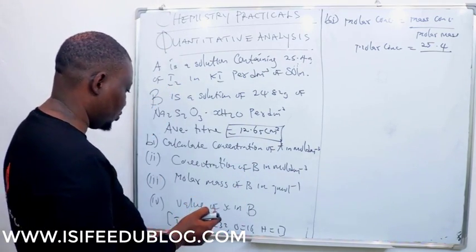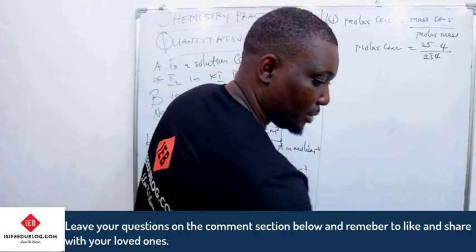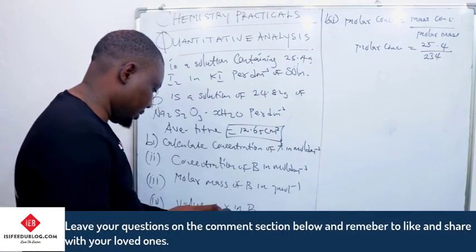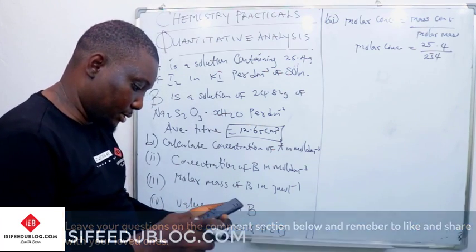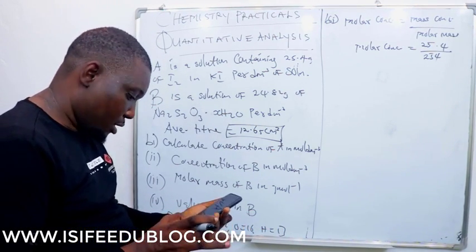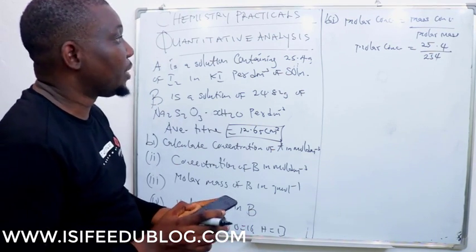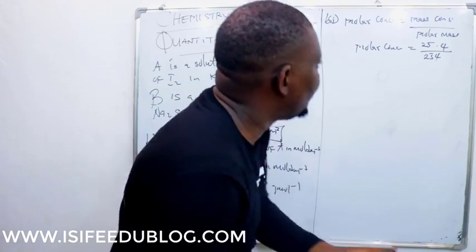Iodine molecule will be 2 times of this, which is 254. Let's be sure of that. If one atom of iodine is 127, so molecule will be 254. We are correct. 254.